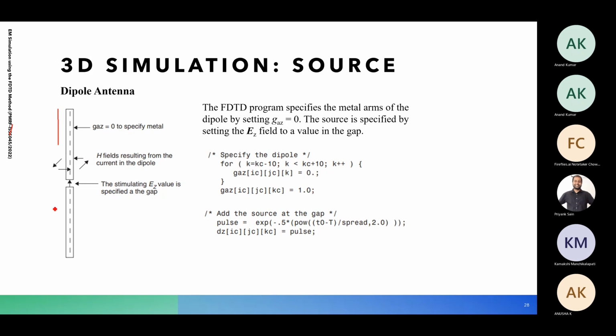It has two arms, and we give a voltage source over here. In one of the cycles this is plus and this is minus, and in another cycle this becomes minus and this becomes plus, and this causes radiation.